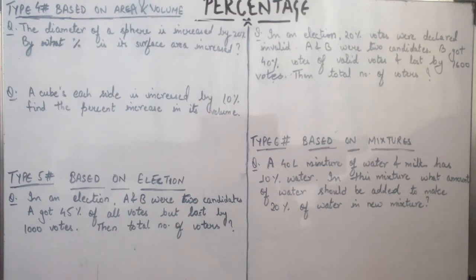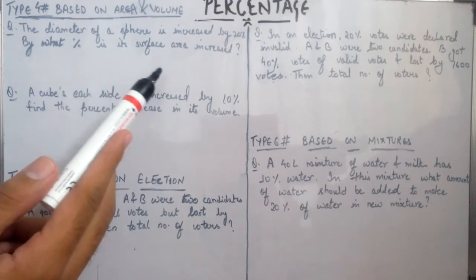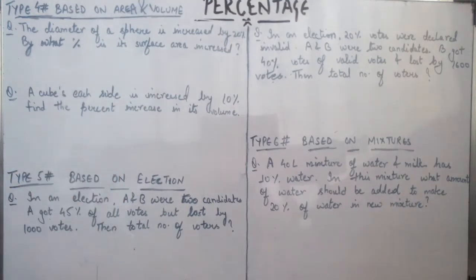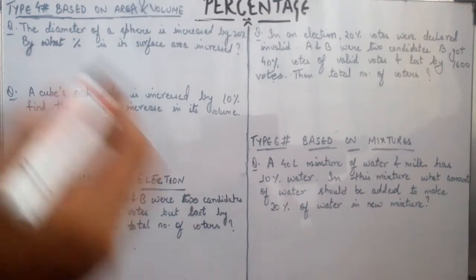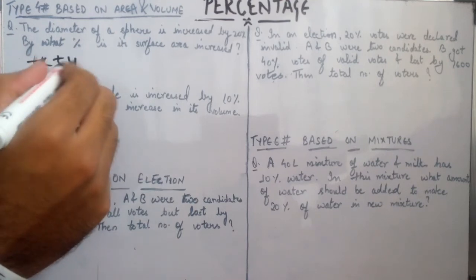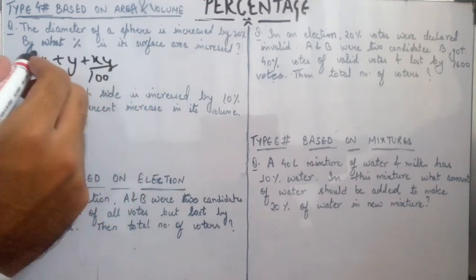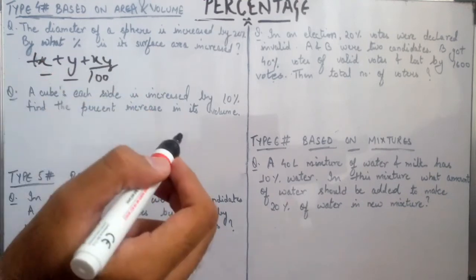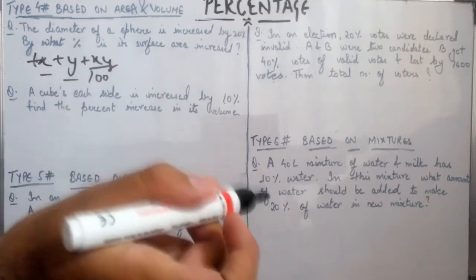Now coming to type 4, based on area and volume. The question is: the diameter of a sphere is increased by 20%. By what percent is its surface area increased? Doing this as I told you previously, the formula is x plus y plus x into y upon 100, where the sign of x and y is plus if it increases and minus if it decreases.